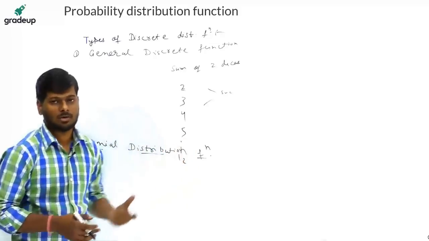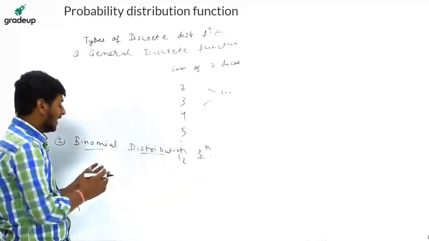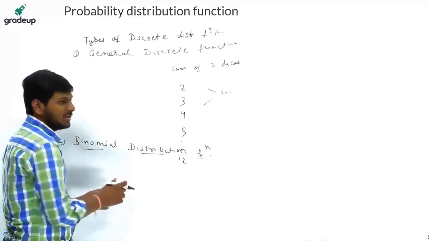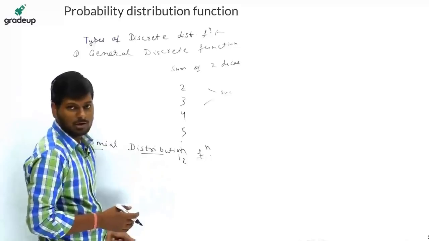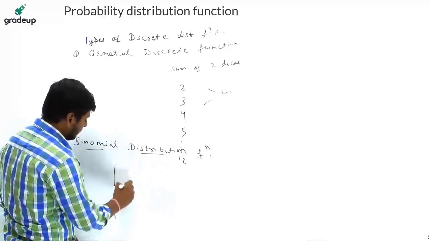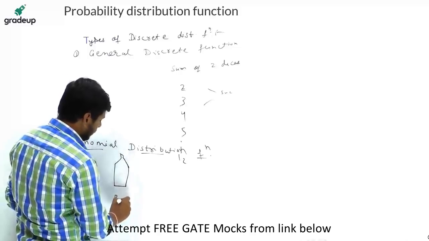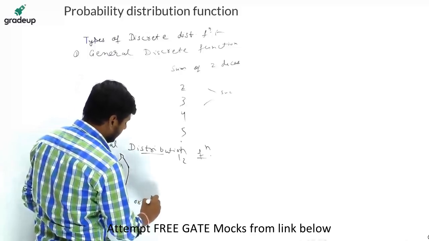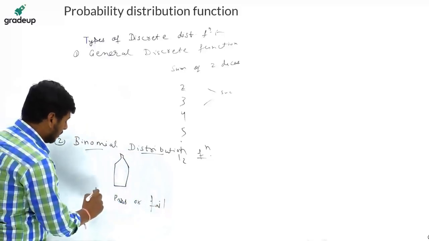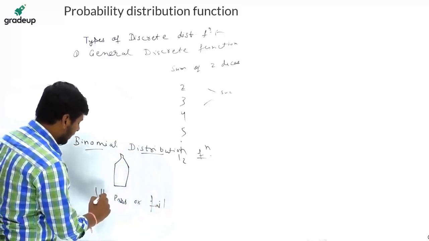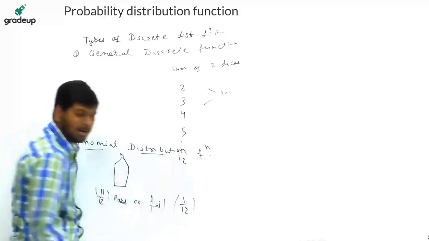The product can be of standard quality or not. The bottle can pass or fail. So there are only 2 probabilities. The pass probability is, suppose, 11 by 12, and the fail probability will be 1 by 12.